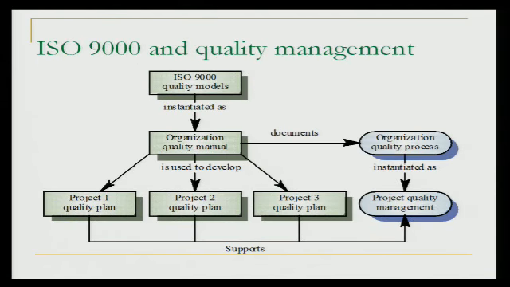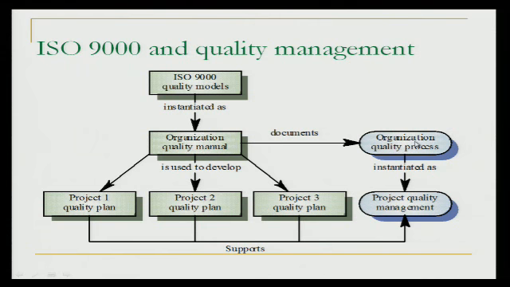This is just how this process rolls out. ISO has a quality model. You take that and you tailor it to your organization. In other words, it basically gives you some high-level guidelines of what you should do. You then take that and say, you know what, for Freescale, we're going to develop our quality manual this way, and then we're going to apply that to all of the projects in Freescale.